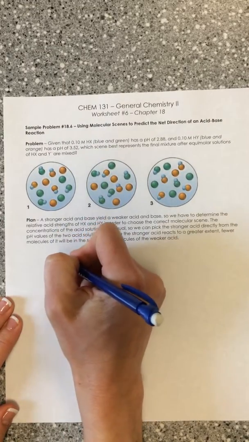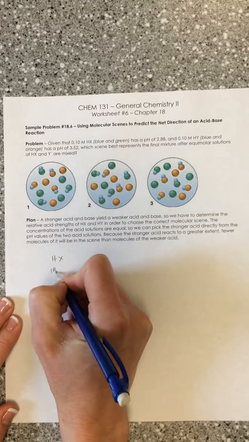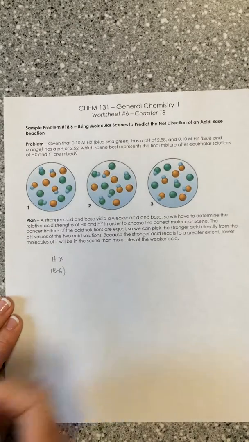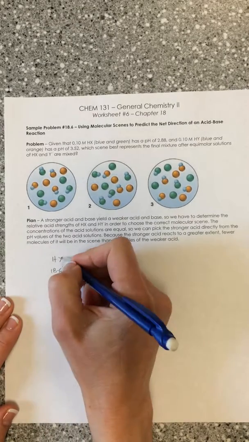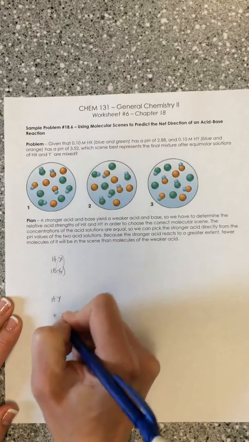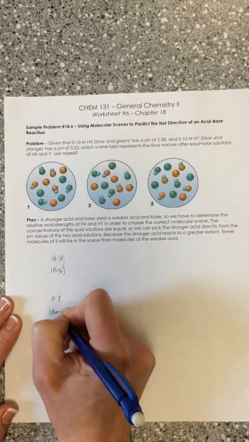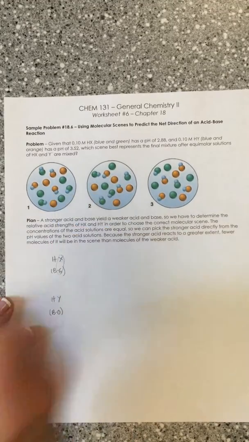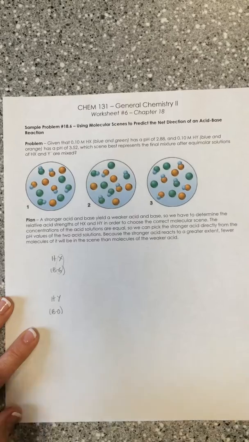We have HX, which again is going to be our blue and green, and then we're going to have HY, which is our blue and orange. So basically we're looking at the conjugate base being green for HX, and for HY, it's orange. The blue really represents the hydrogen atom that's attached onto that acid.